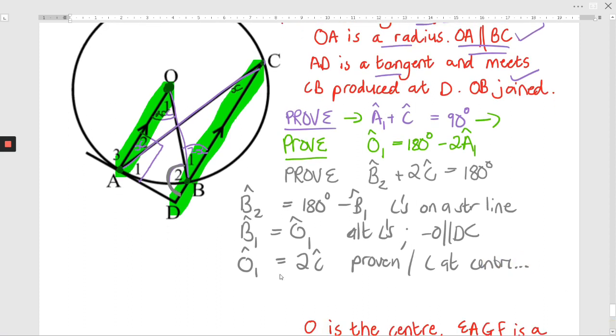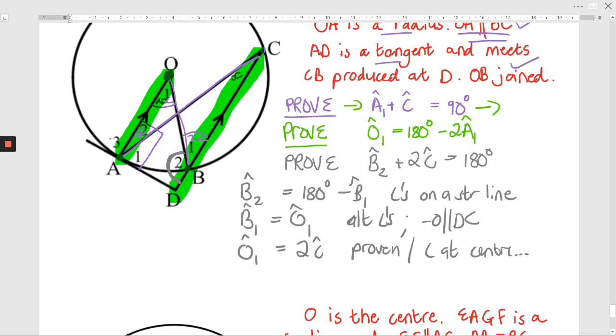What am I trying to get again? I'm trying to get B2 and 2C to be 180 together. So far I've got O1 linked to B1, which is linked to B2, and I've also got O1 linked to 2C. So you see what's happening? I'm putting them all together.